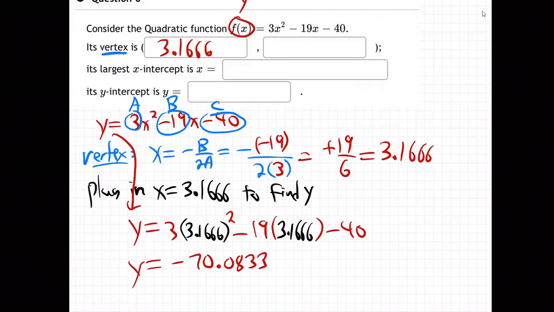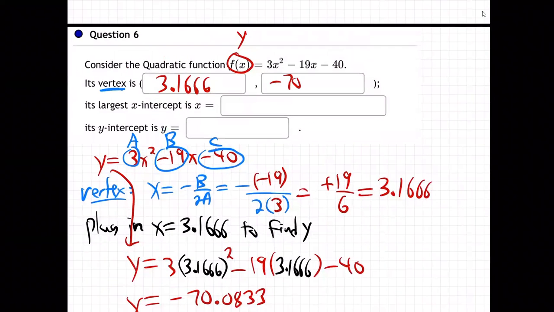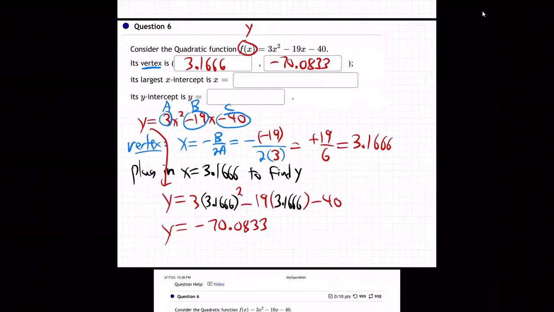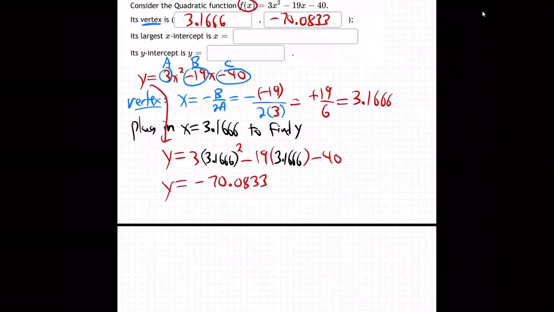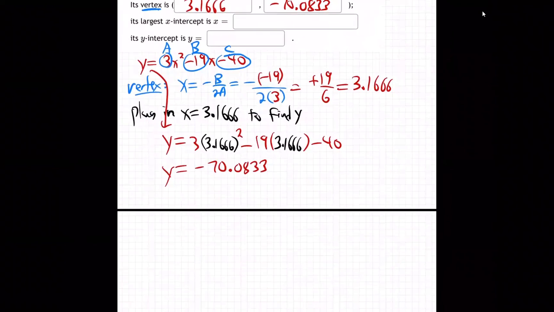Again, 4 decimals is enough. I've got the y value. So next, they want me to find the x-intercept. So how am I going to find the x-intercept?